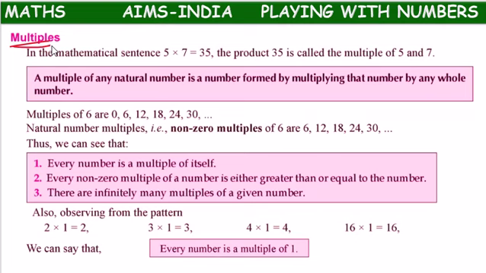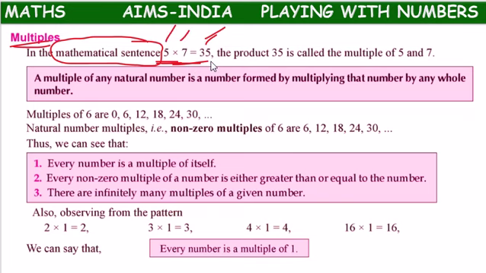Next, multiples. Till now we have learned about factors. Now multiples. So here 5 into 7 equals 35. This is a mathematical sentence. In the previous example we said 5 and 7 are factors and 35 is the product.